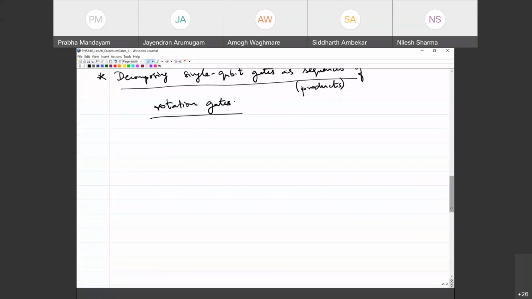If you go through chapter 4 of Nielsen and Chuang, you will find equivalent statements with respect to X and Y, and you can also make an equivalent statement with respect to X and Z. So what I'm going to talk about is the simplest case essentially, which is the so-called ZY decomposition of a single qubit.